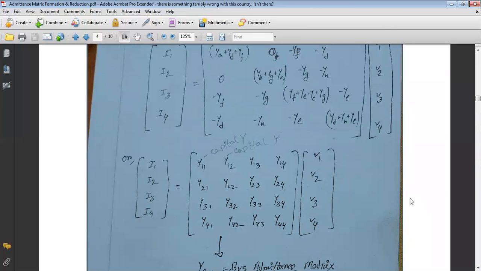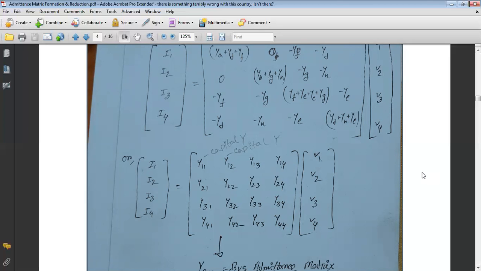Now, what is the meaning of mutual admittance and what is the meaning of self-admittance? Y14 is the mutual admittance, and it means the admittance value of connected bus from 1 to bus 4.